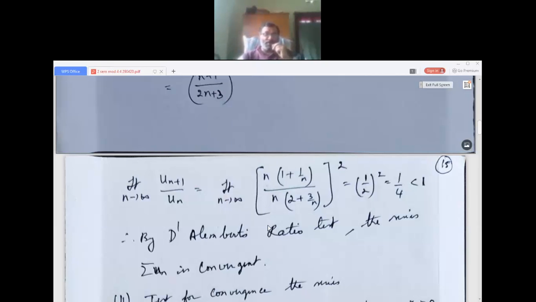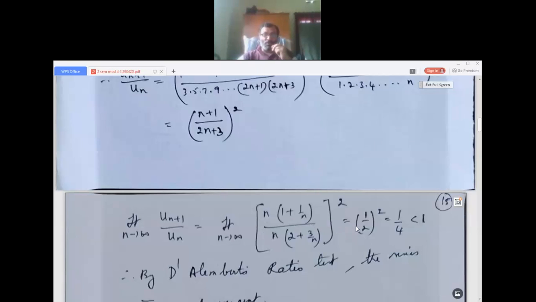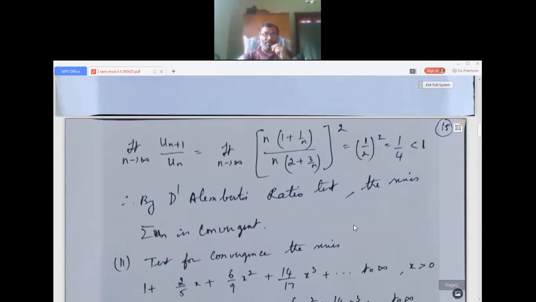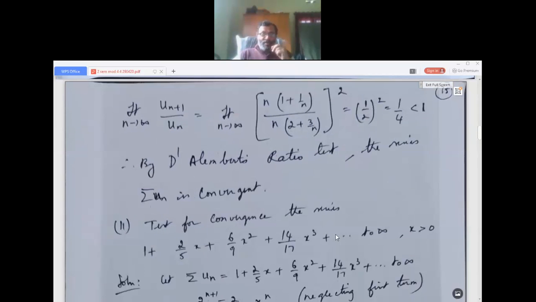Why? Because we got limit n tends to infinity un plus 1 divided by un is equal to 1 by 4 and 1 by 4 is less than 1. If it is less than 1, by D'Alembert's ratio test, the series sigma un is convergent. This all of you know. Therefore sigma un is convergent. Greater than 1 means divergent and equal to 1 means the test fails. That's all. This is D'Alembert's ratio test.